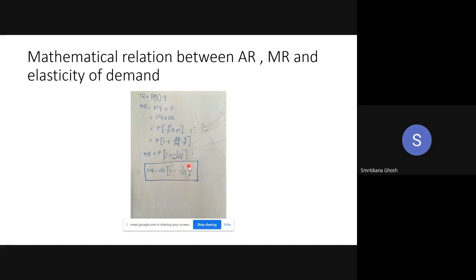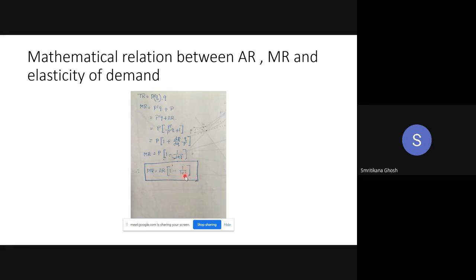Now look, at the middle of your demand curve, if it is a downward sloping straight line demand curve, then at the midpoint of your demand curve, your elasticity is equal to 1, right? Above it is greater than 1, below it is less than 1. Okay. So when it is equal to 1, just at the midpoint of your AR, then that E will be 1.